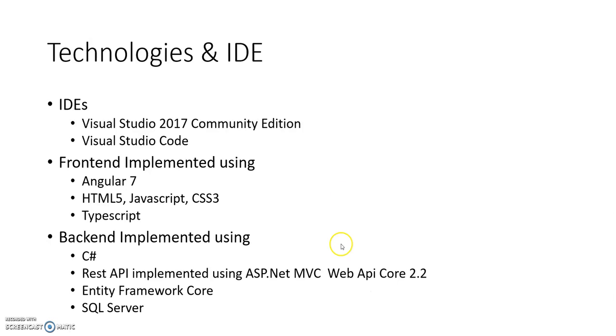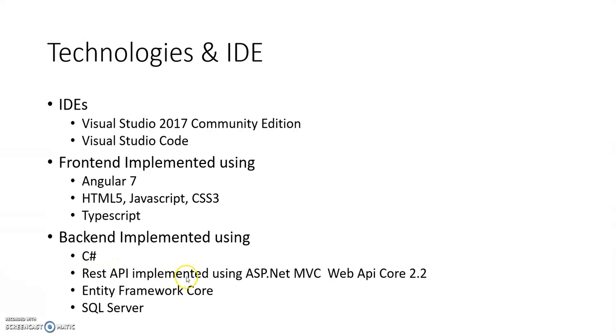These are the technologies I have used in my project, and there are two IDEs: Visual Studio 2017 for backend development and Visual Studio Code for front-end development. The front end uses Angular 7, HTML5, JavaScript, CSS3 with TypeScript, and the backend is implemented using C# with Web API.